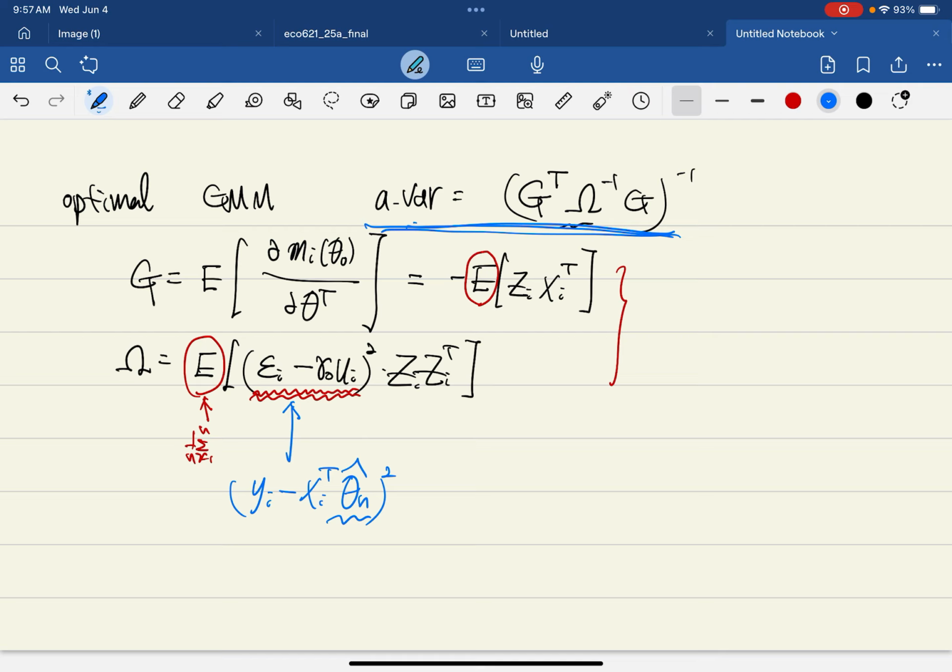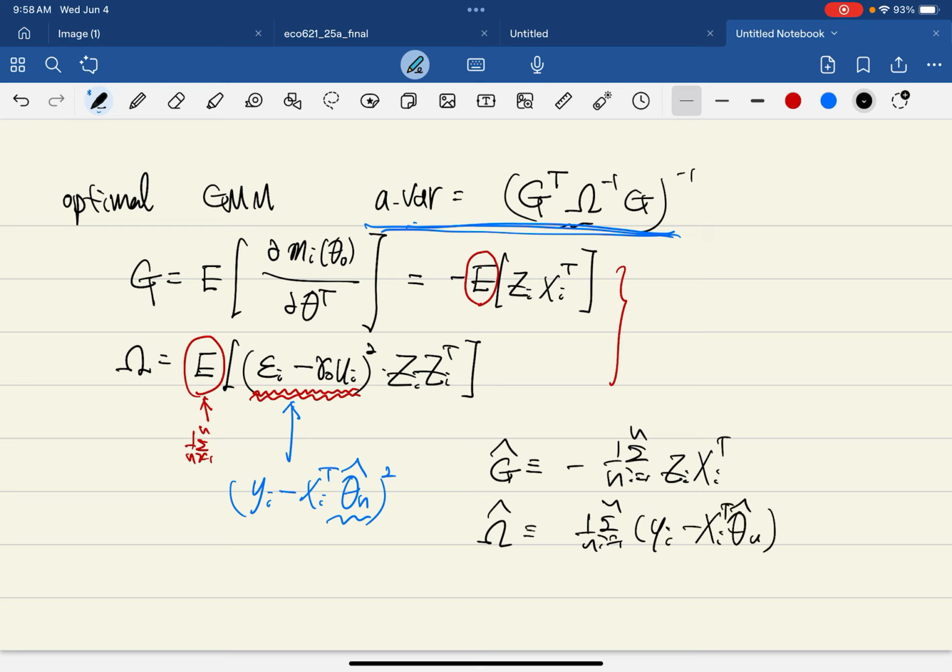So this is the main estimator, the second stage or the final estimator. Define G hat as this, we may ignore the minus, and omega hat as 1 over n times this sum.